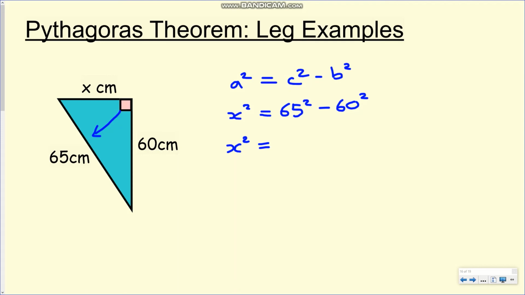So 65 squared is equal to 4,225. Remember, I get that by doing 65 times 65. 60 squared is 3,600. So x squared, when I take one away from the other, is going to give me a value of 625.